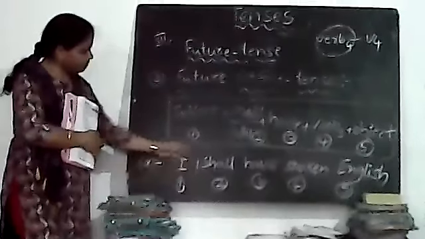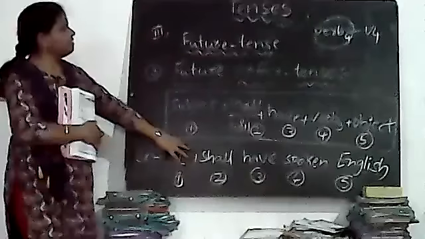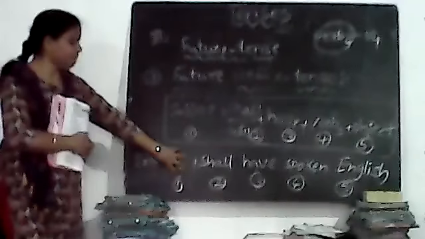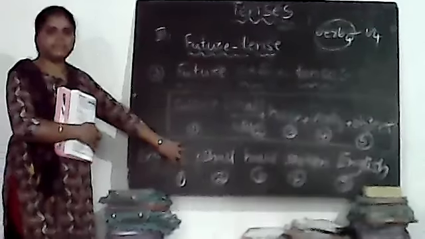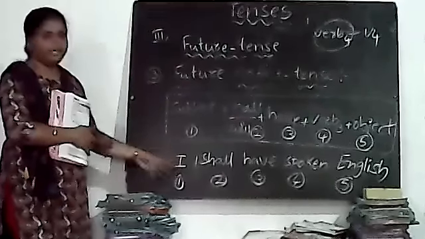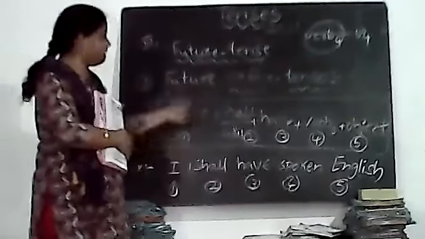So you can use the singular person I. For plural, we. For second person, you. I, we, you, he, she, they, whichever person you take, you use it in the subject place.